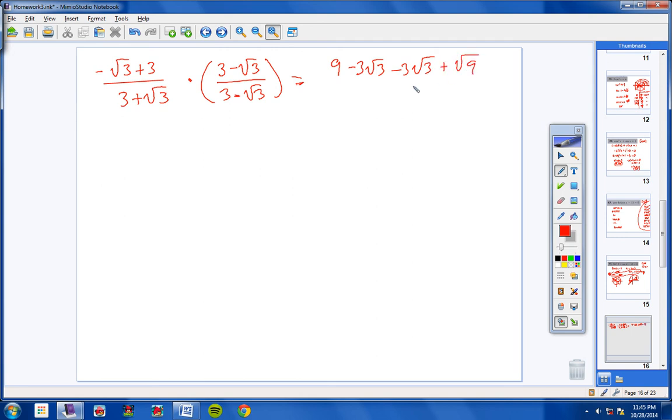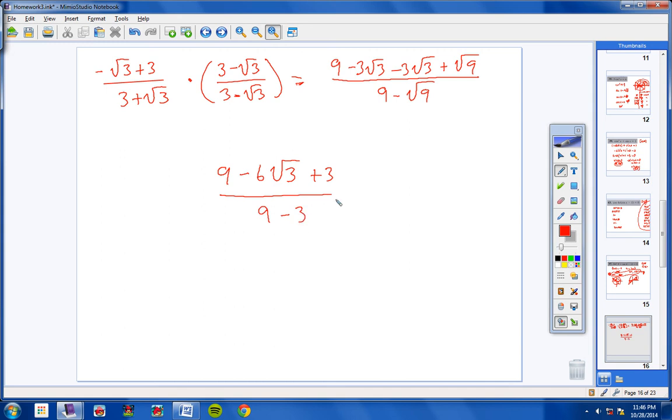Okay, that's your numerator. And your denominator would be 9 minus square root of 9. Okay, so to simplify the top, the numerator would be 9 minus 6 square root of 3 plus 3, and your denominator would be 9 minus 3.